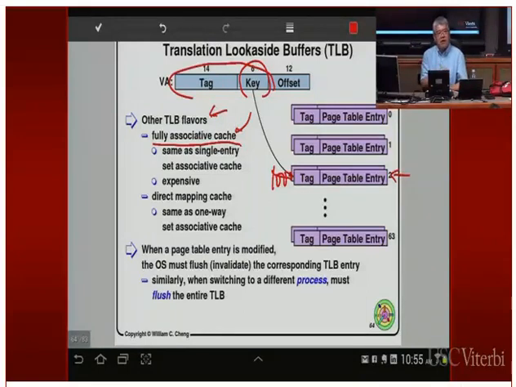With a set associative cache with A ways, when you bring a cache line back, you need to decide which one to throw away, so you need some sort of algorithm to determine that. That can get a little tricky. With the direct mapping cache, there's only one entry per line, so it's really easy to determine which one to replace. So these are the two extremes, and again, Intel, I think these days, uses an A-way set associative cache in their translation look-aside buffer.